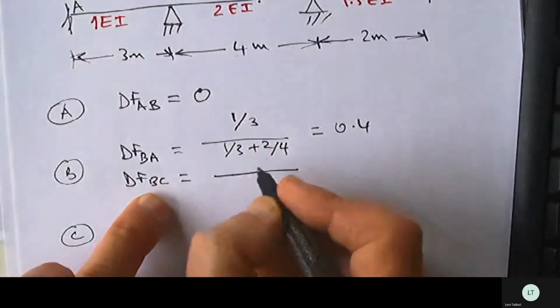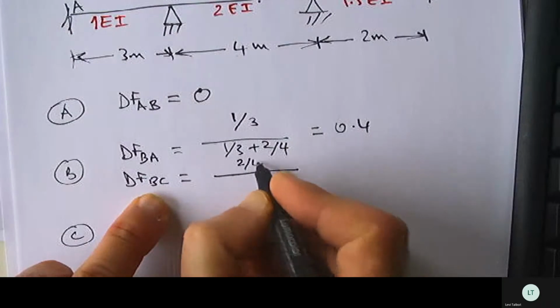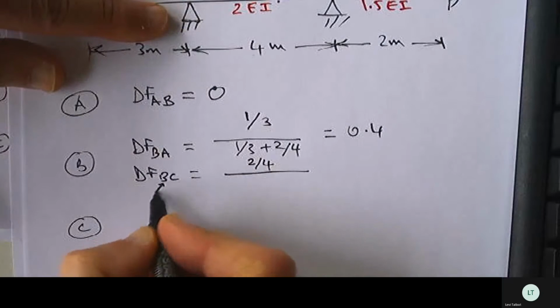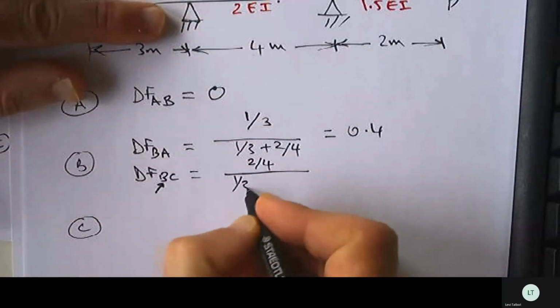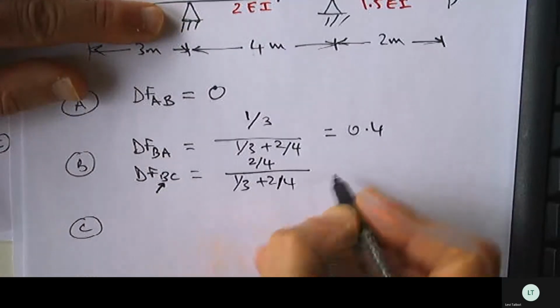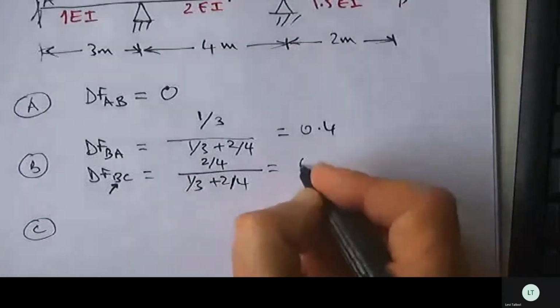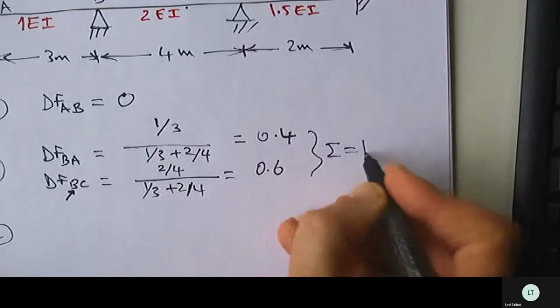The DF for BC is the stiffness of BC, which is 2/4, divided by the stiffness of all members connected at joint B. So we have 1/3 and 2/4. If you can calculate this for me, please. It should be 0.6. You check it. Can you see that the sum is 1?